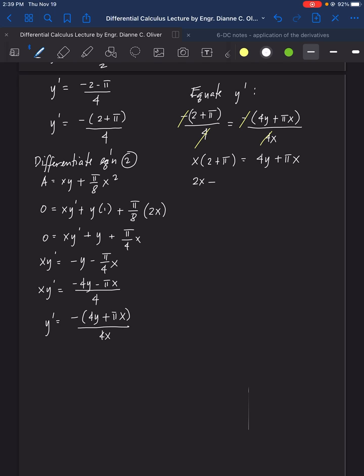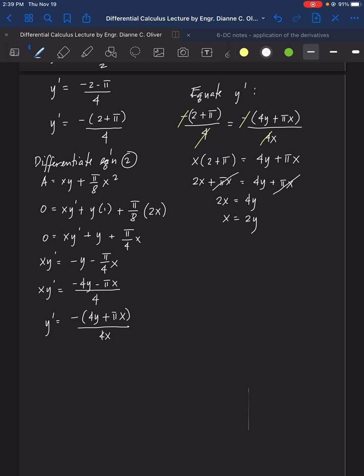Distribute, we have 2x plus pi x equals 4y plus pi x. Then this pi x can be cancelled, because if we transfer it, it becomes negative pi x. Therefore, what's left here is 2x equals 4y. Therefore, x is equal to 2y.